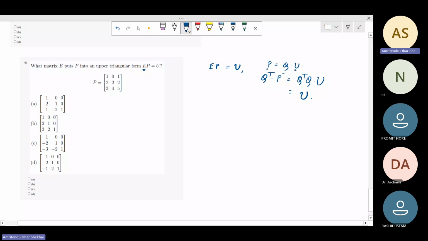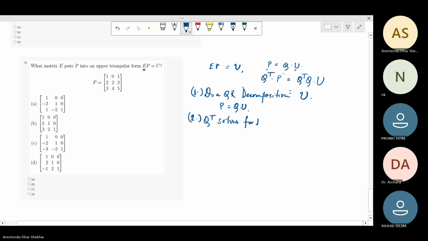So let me just write it. Do a QR decomposition. Write P equals Q times U. Q transpose solves for E. But will it match with the four options that are given to you?